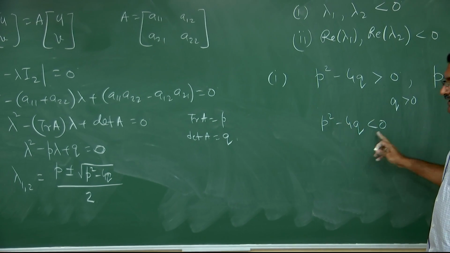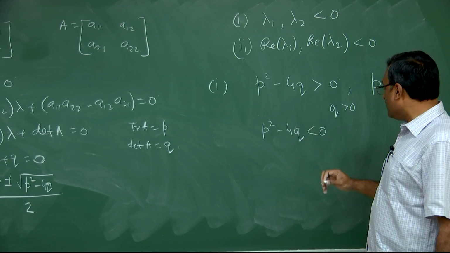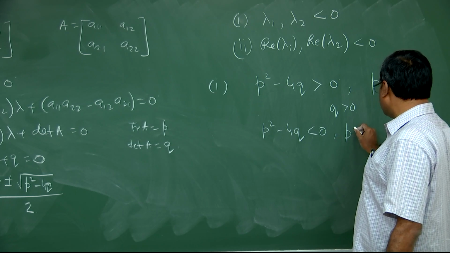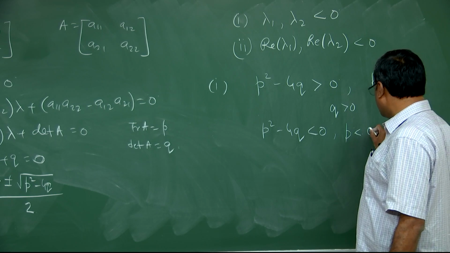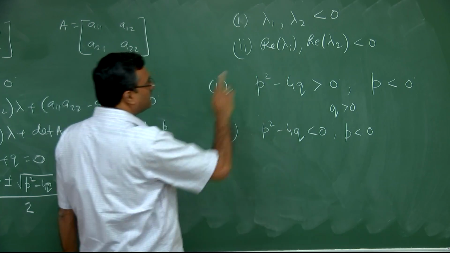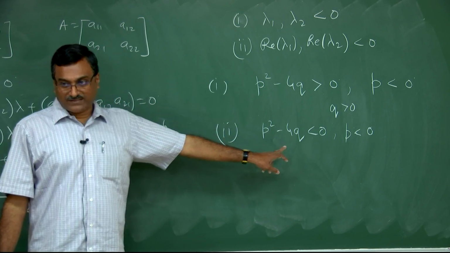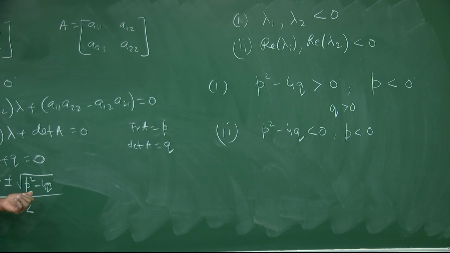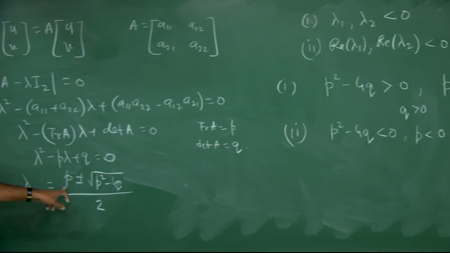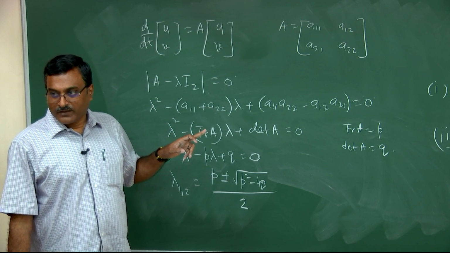If you have this condition that P square minus 4Q is less than 0, then automatically, if P is less than 0, it ensures that both the roots are complex conjugate with negative real part, because P square minus 4Q less than 0 implies that the roots are complex conjugate. So this will give you the imaginary part, and P less than 0 ensures that both the roots have negative real part, correct?